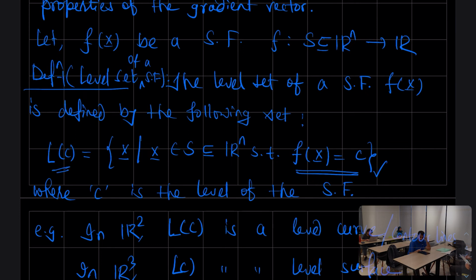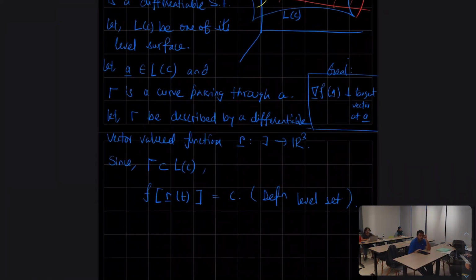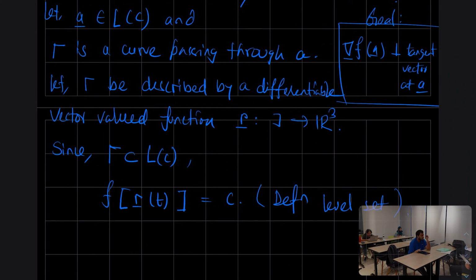Because my points are lying in gamma, you can do this. Because it's true for LC, it should be true for gamma, because gamma is completely contained in LC. The important point here is that it is true for all t.